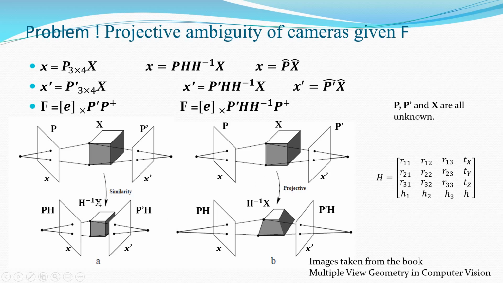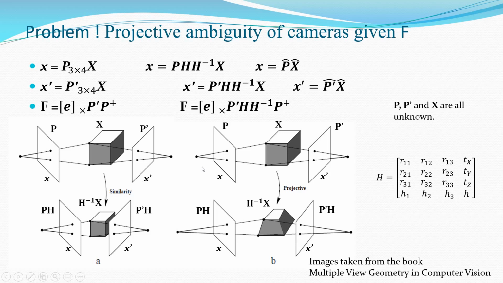At this stage we are bound to get some reconstruction, that is, some camera matrices P and P dash. But in the next stage, when we actually reconstruct the object from the camera matrices and the fundamental matrix, we will see how we can modify those reconstructions and get close to the true reconstruction.